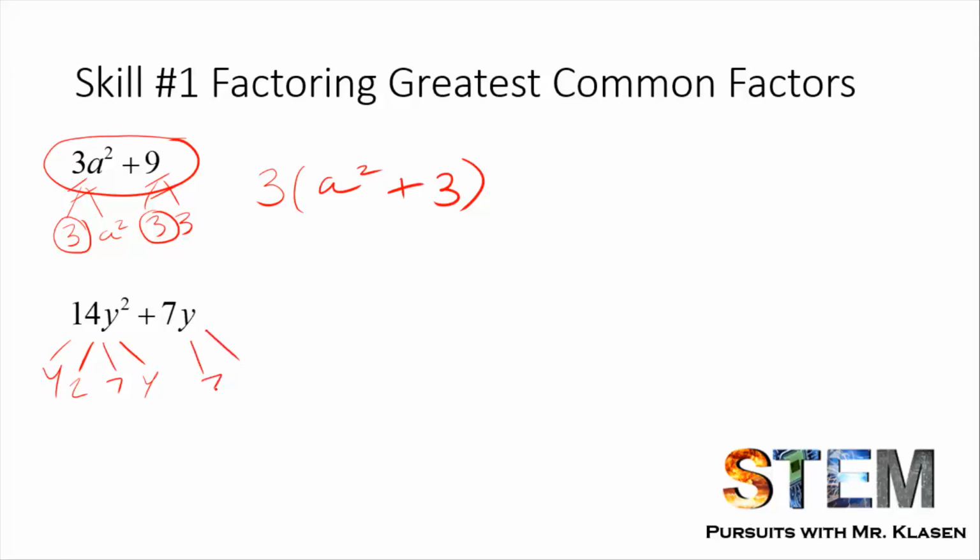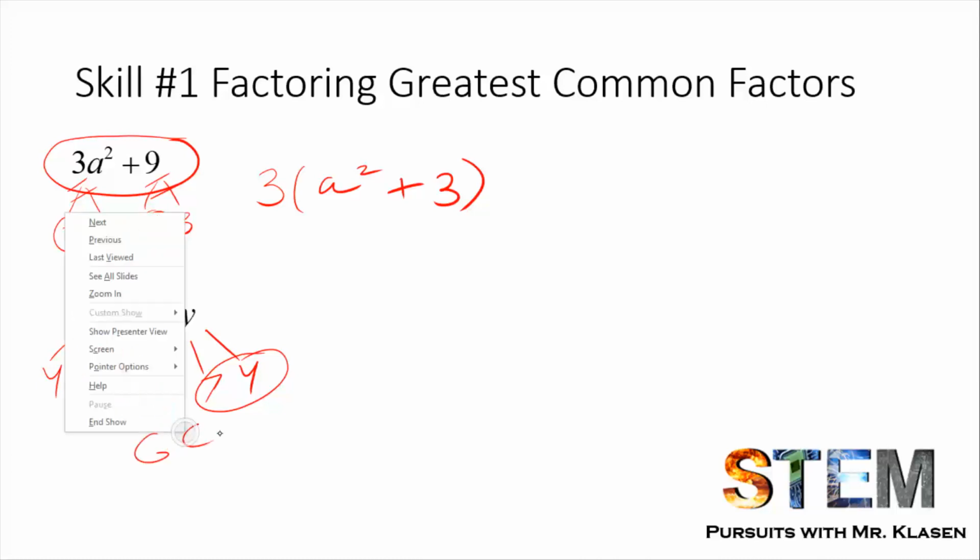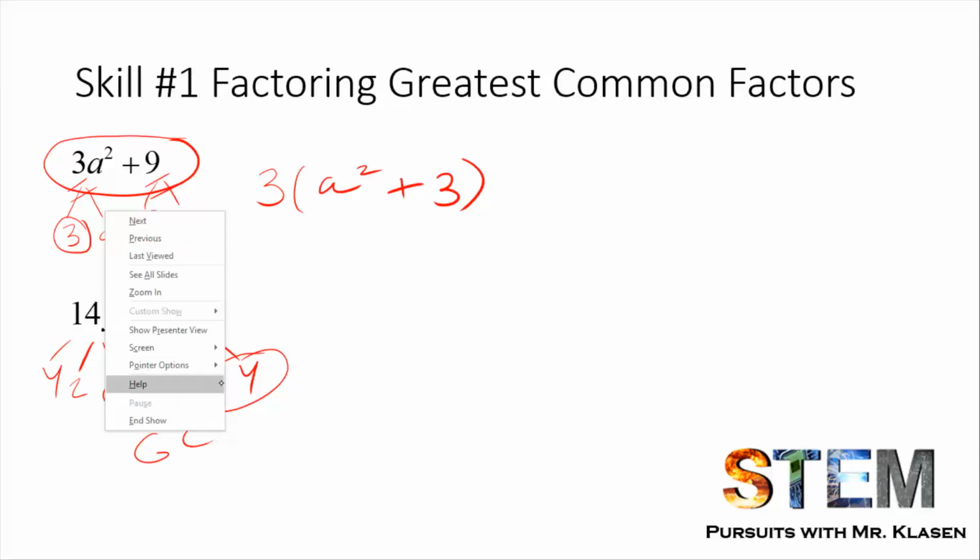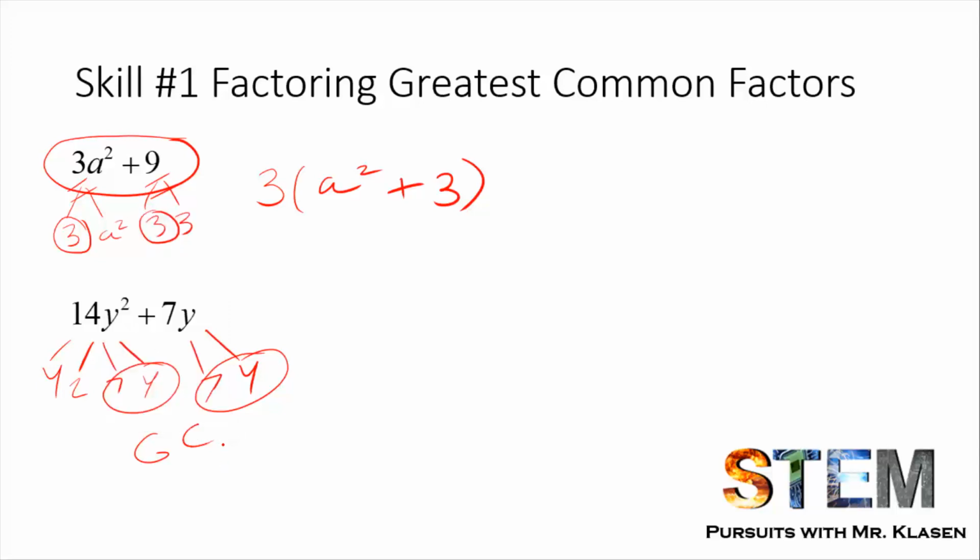We can separate these out into their prime components, and then find if there are any common factors. What I see is a 7 and a y here, and there is a 7 and a y here. So the GCF, the greatest common factor, for these two terms is simply 7y.